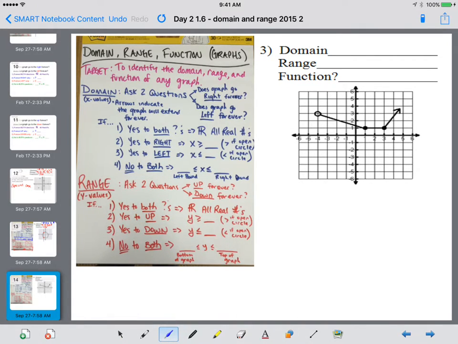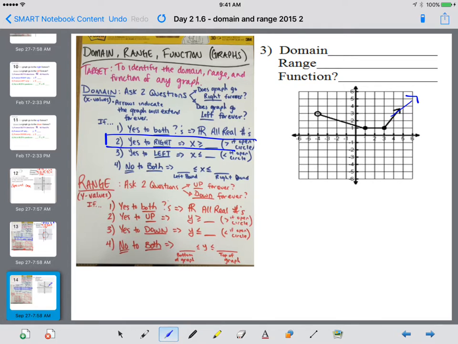For the domain, I'm going to say again, does it go to the right forever? Does it go to the left forever? Well, this arrow is only going to the right, and on the left it stops. So we would say yes to right only. Now on the poster it says to use the greater than or equal to symbol, but it says use the greater than symbol if it's an open circle.